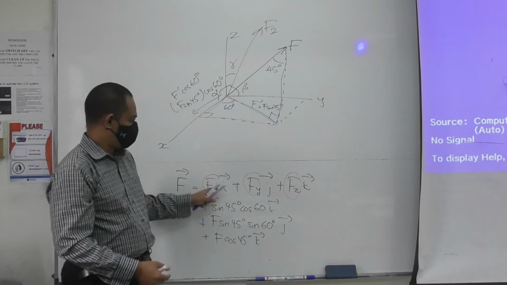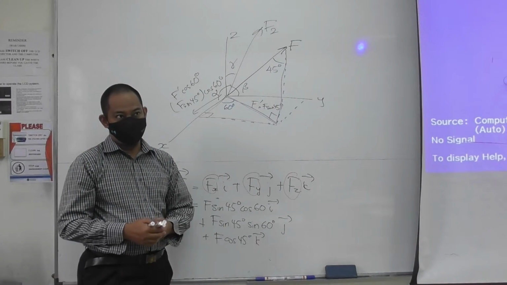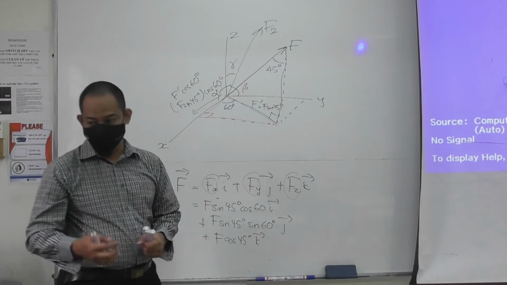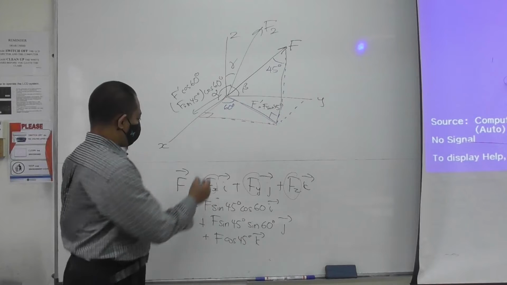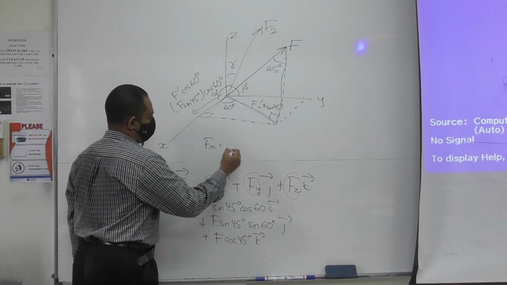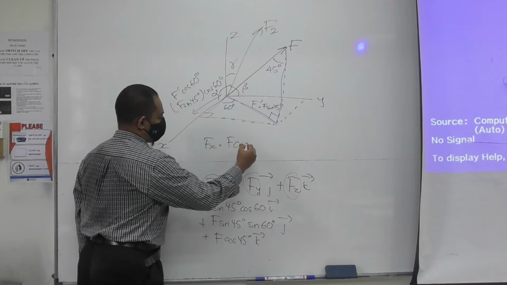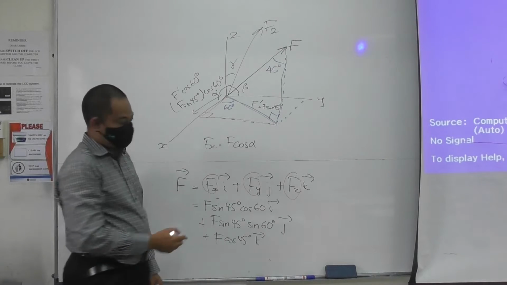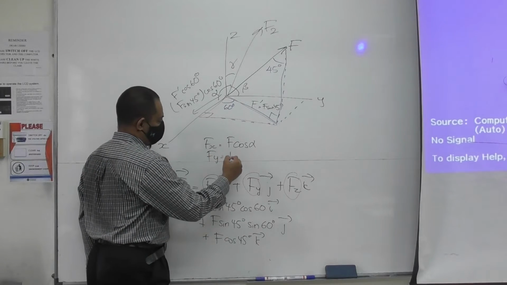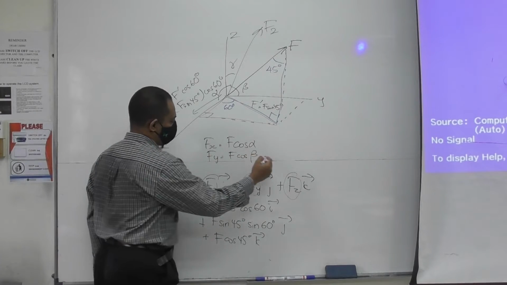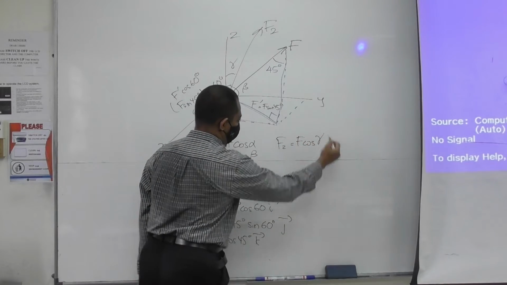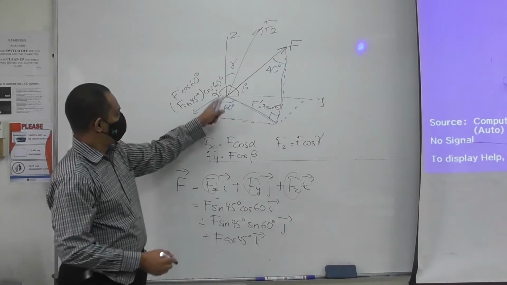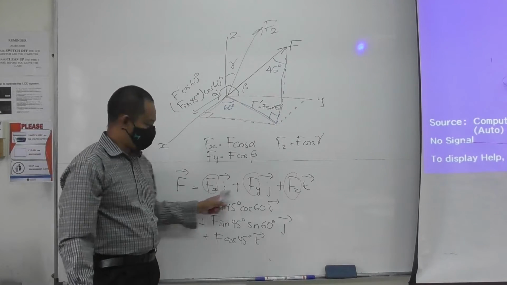So with alpha, beta, and gamma, what is fx? F cos alpha, right? So fy is f cos beta, fz is f cos gamma. You just straight away plug in the values and then you get the Cartesian vector already.